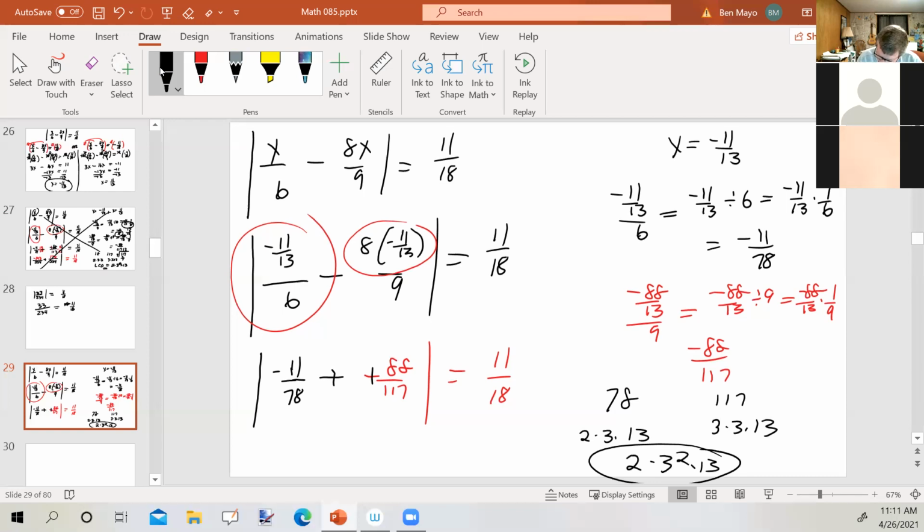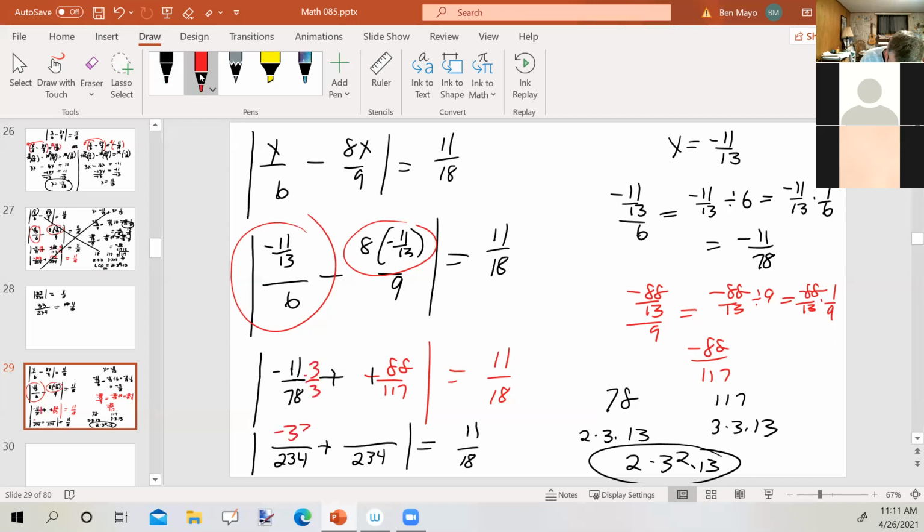Okay. So 2 times 3 times, that's 18 times 13. Let's see here. I think that's the same thing we had before. 234. Yeah. But to get from 78 to 234, I have to multiply by 3 over 3.